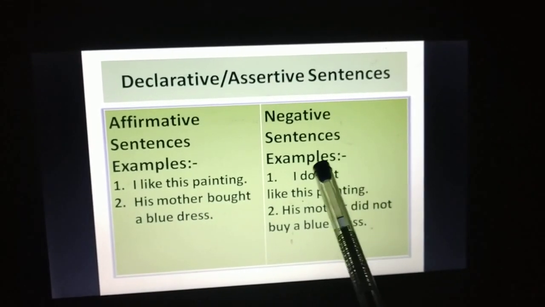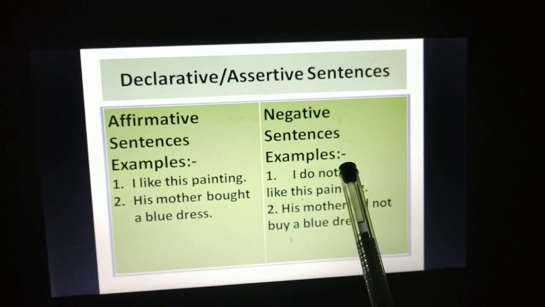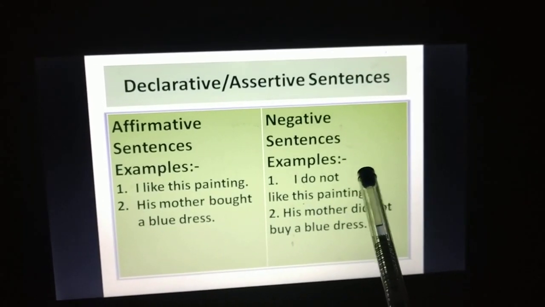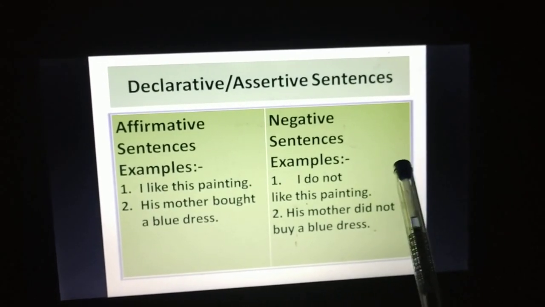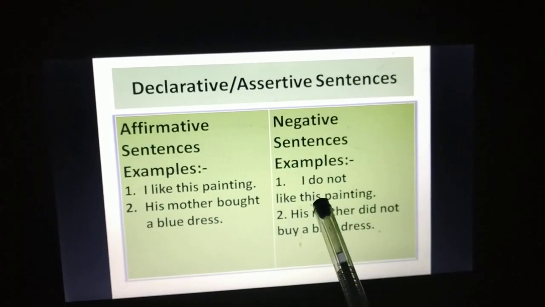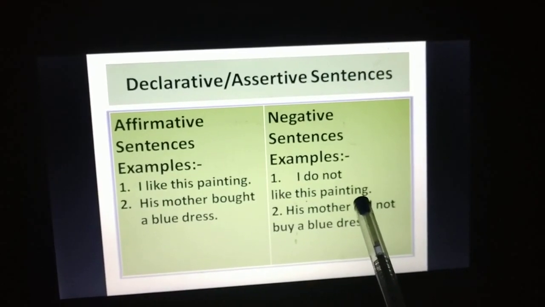Negative sentences are the sentences in which negative is shown, means where no is there. Like, I do not like this painting.